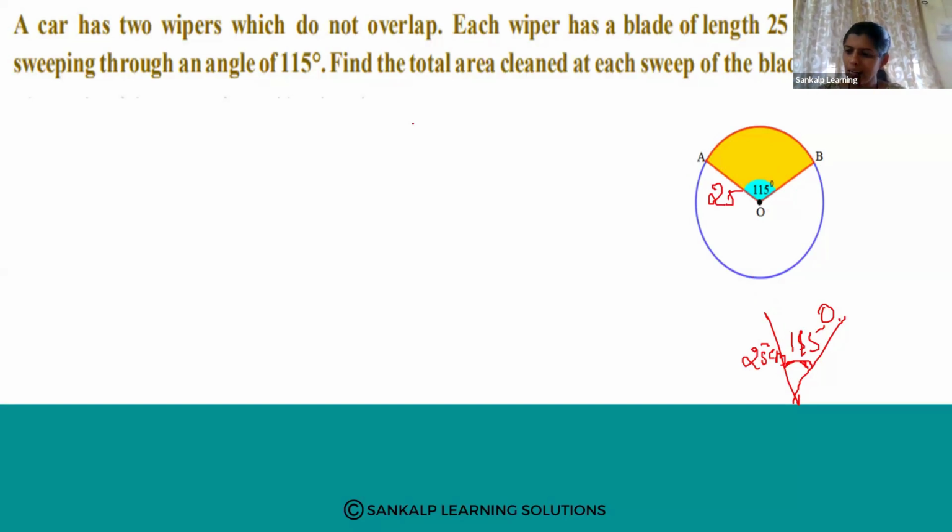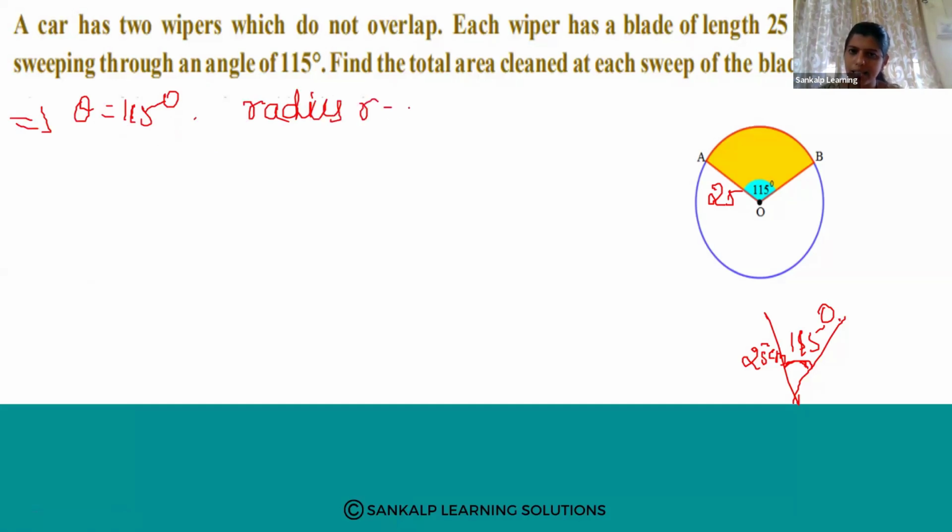For that, the angle of the sector formed by the wiper, that is theta, is 115 degree, and the length is itself the radius.